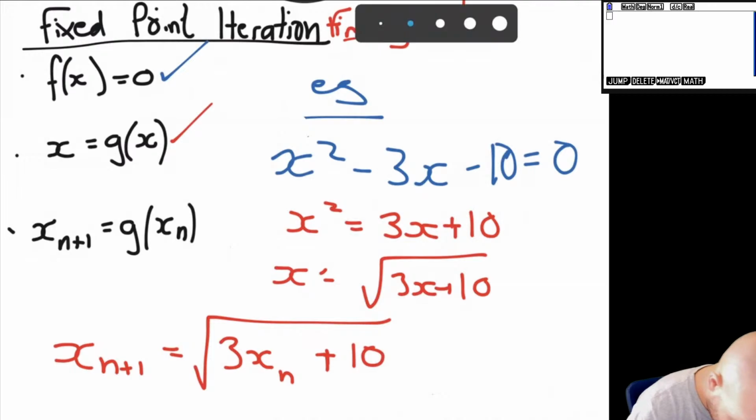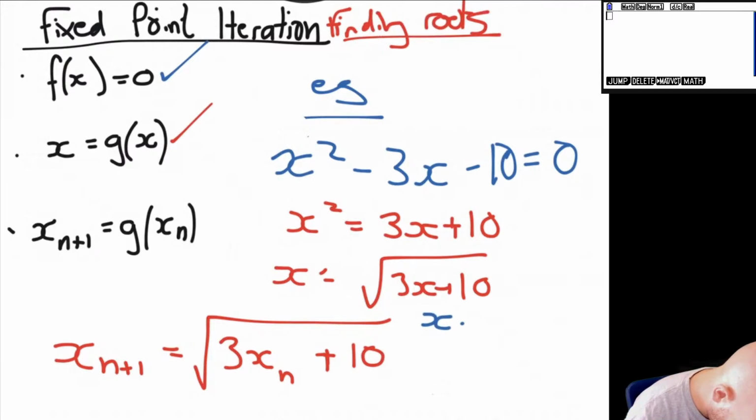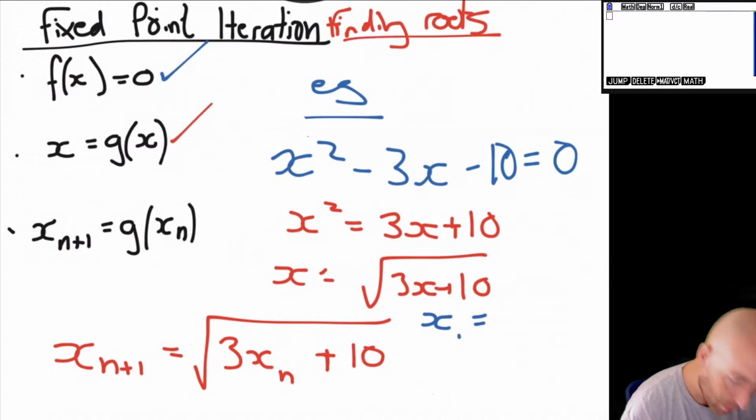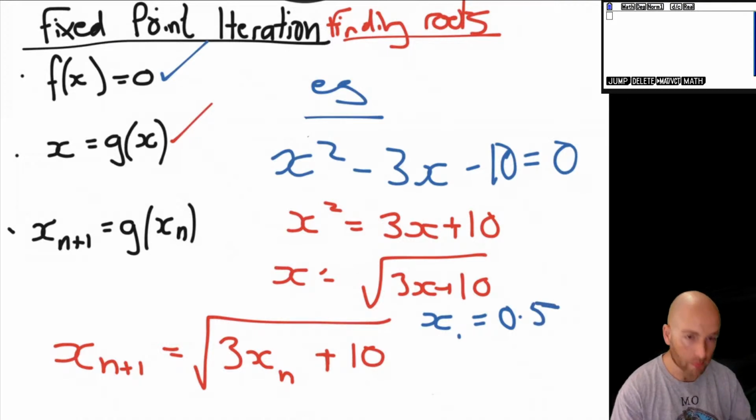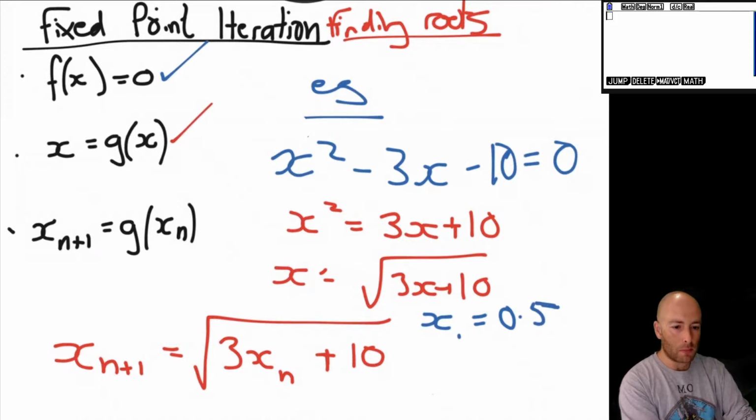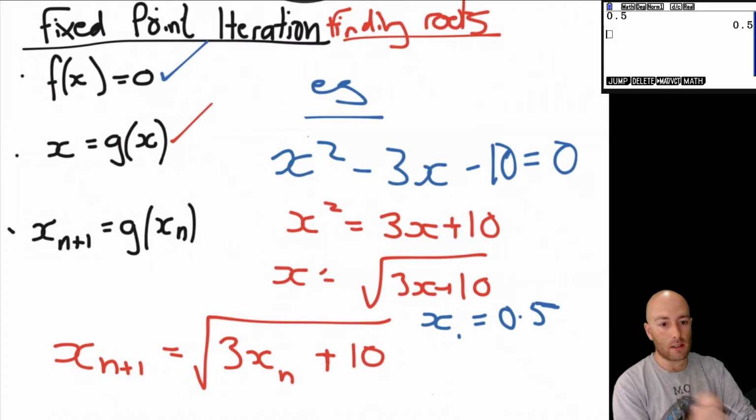So I'm going to use my first x value, x0, or x1, let's call it. What should we use? I'm going to use 0.5. I like the sound of that one. I don't know if this will work, but we'll go for 0.5. So I'm going to type in 0.5 and hit equals. And what that's done is that's kind of saved my answer.